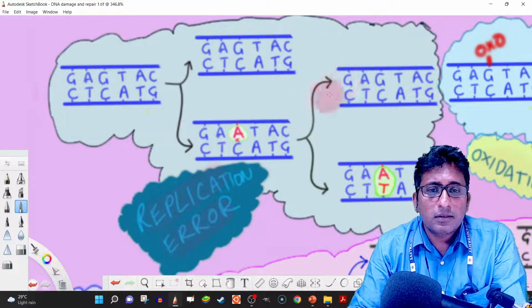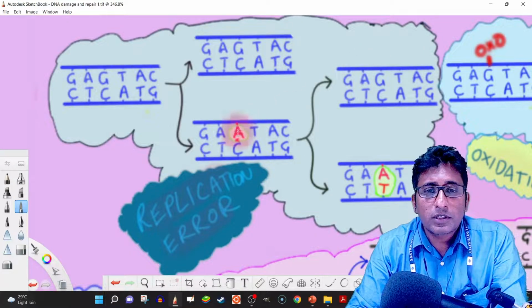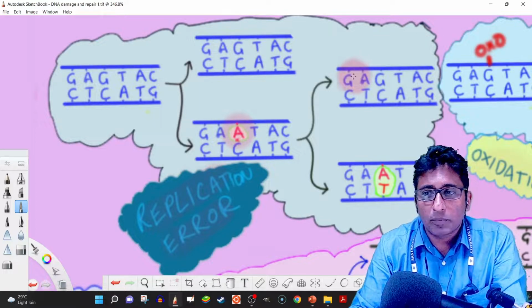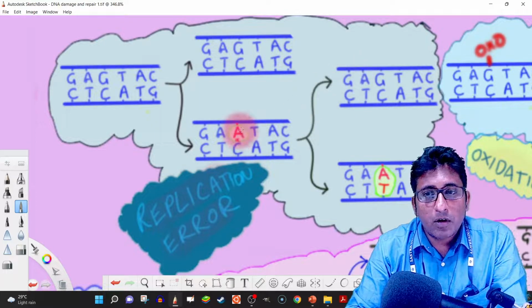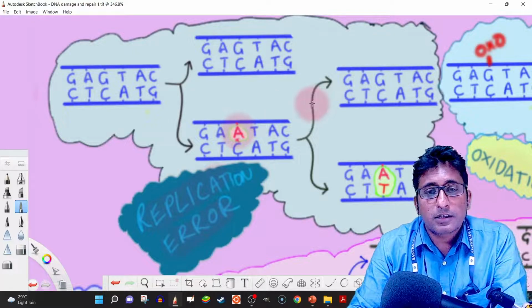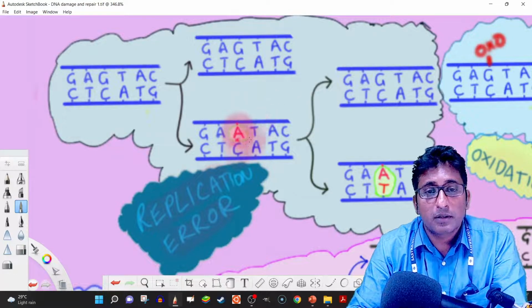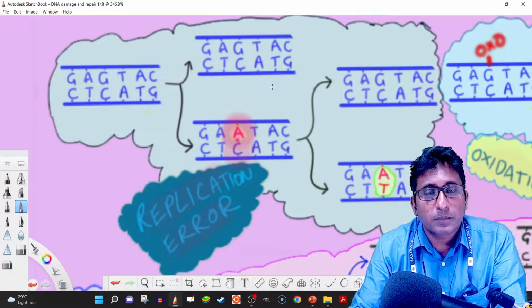Still, there are sometimes mutations, or a wrong base could be incorporated, and that wrong base usually occurs as a mismatch.